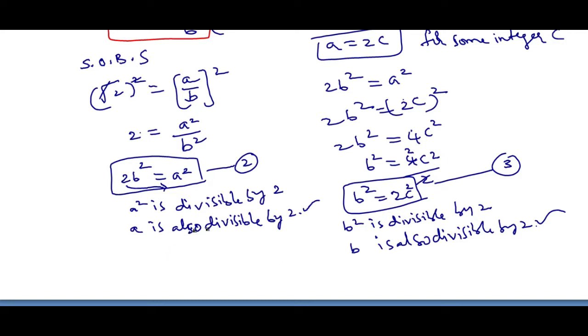So what does it mean? 2 is a common factor of a and b, which contradicts our assumption.